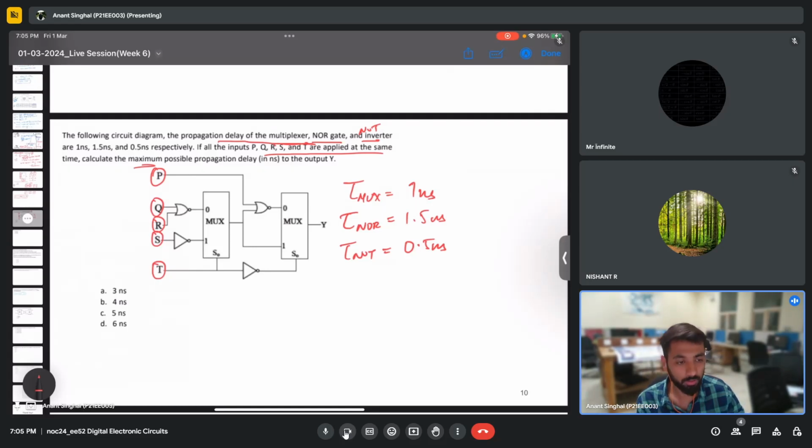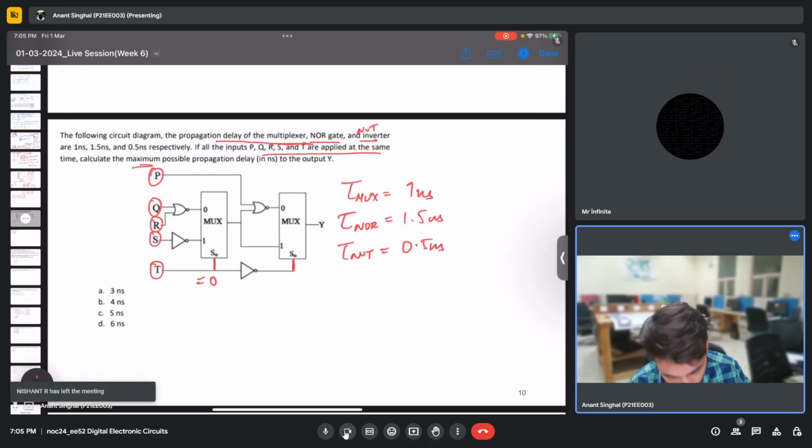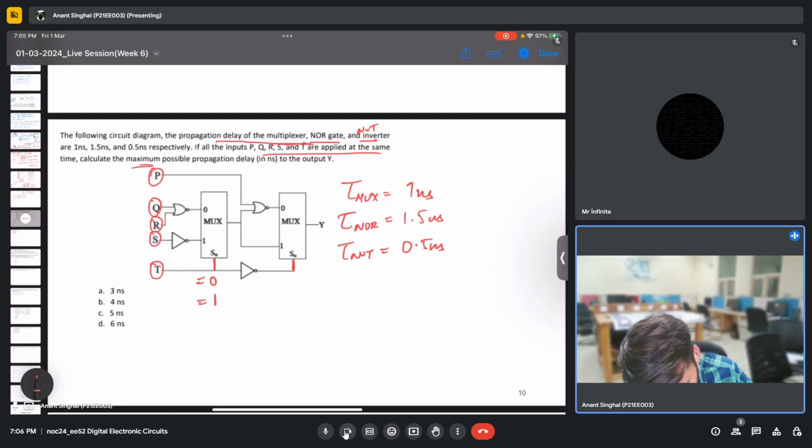So we know in a mux the working is on the basis of the select lines. There can be two possible cases: either t is 0 or t is 1. For t equal to 0, s equal to 0 will be selected. So the circuit will pass through this, and here s is 1, so it will pass through this, and finally we have y.